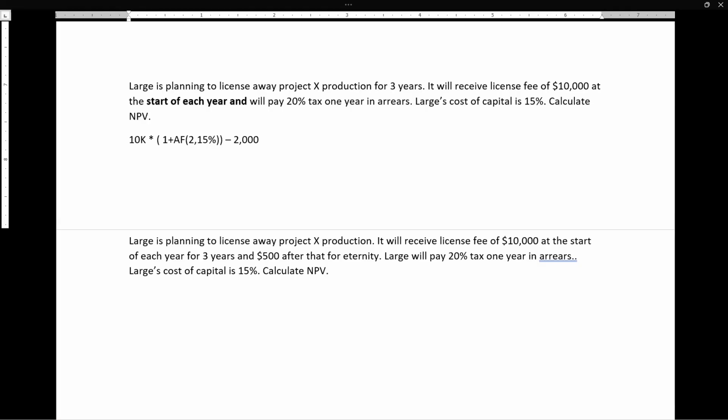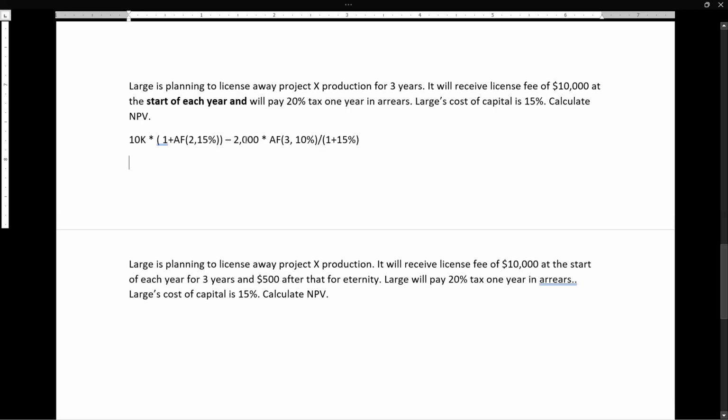But we know that it is going to be paid 1 year in arrears. So this means that we are going to multiply it by an annuity factor of 3 years and 10%. And then we are going to discount it by dividing by 1 plus 15%. Why is that?